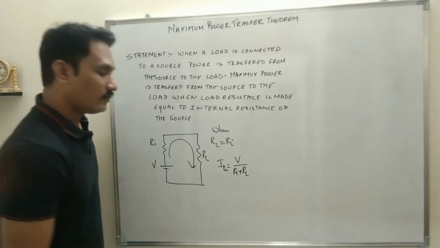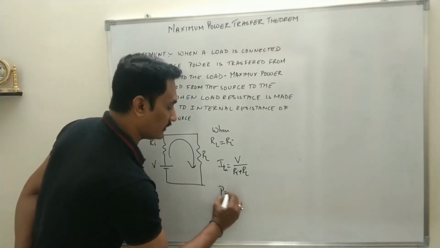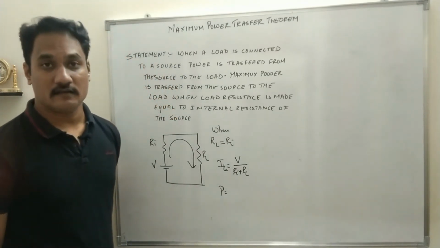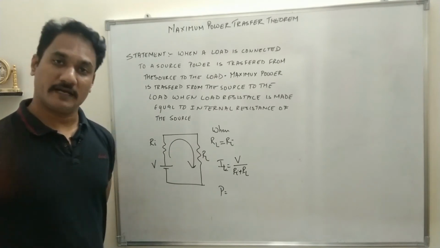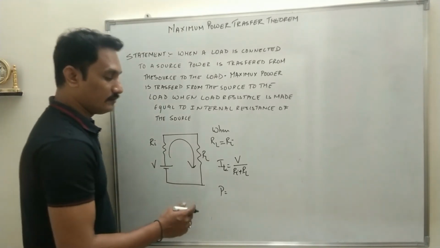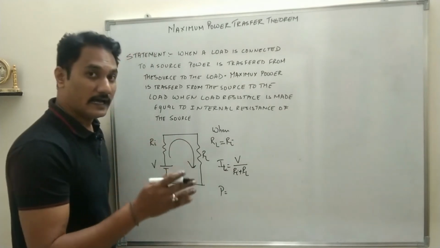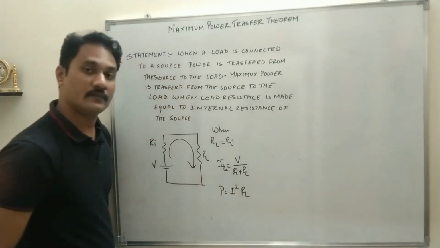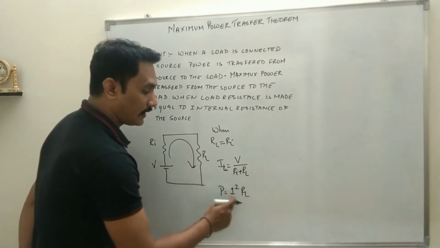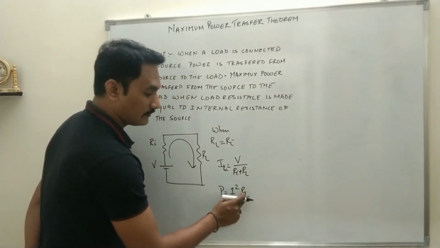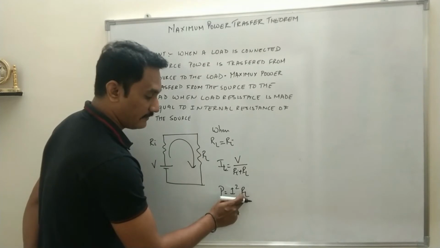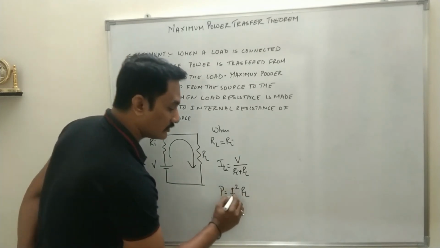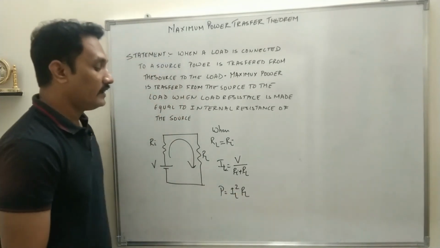Okay, and what is power? Power is V into I, right? Voltage multiplied by current, or in other terms I can specify it as I square RL. Okay, as I am calculating power delivered across the load, I am specifying it as RL, and of course the current which will be flowing through RL will be IL.